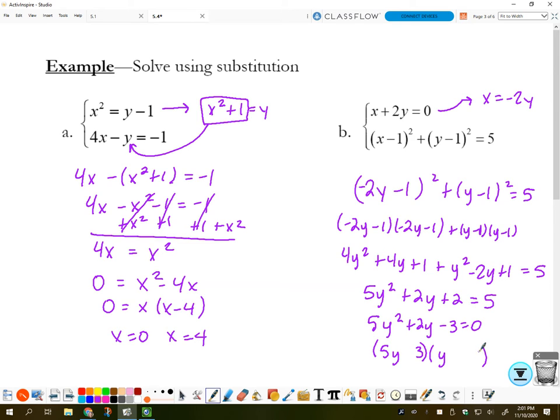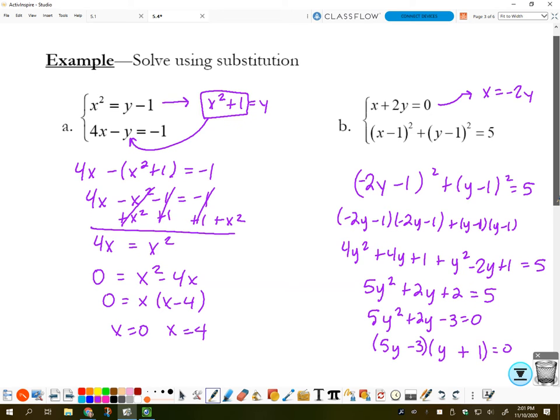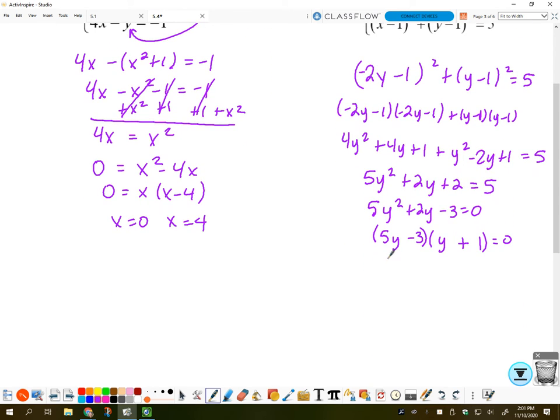I think we put a 3 and a 1 because that'll give us 5, that'll give us 3. We'll get a 2 if this is negative and this is positive. So we're going to have solutions for this one. If we take this equal to 0, then we end up with 3/5. And if we take this and equal it to 0, we end up with -1.